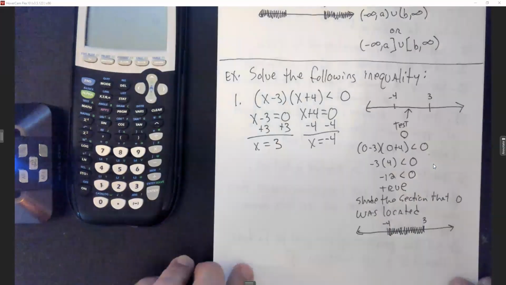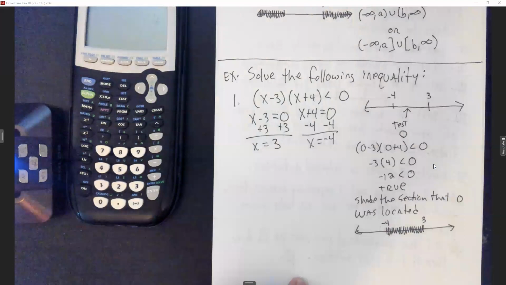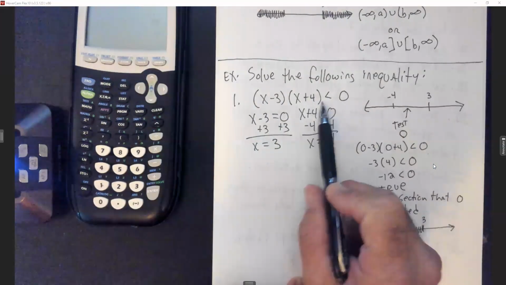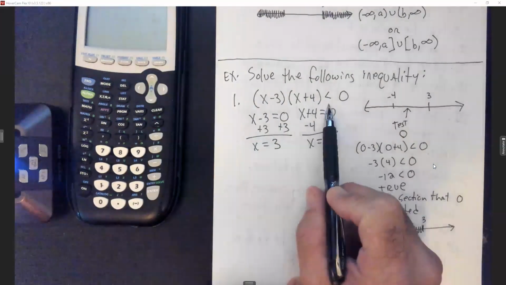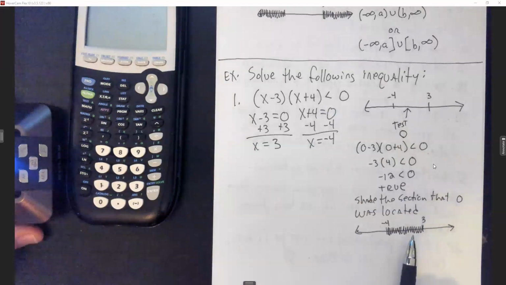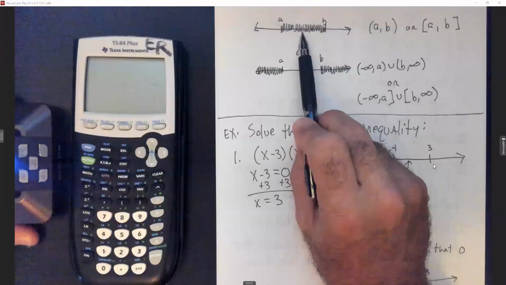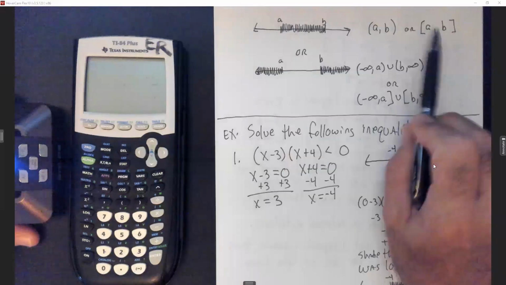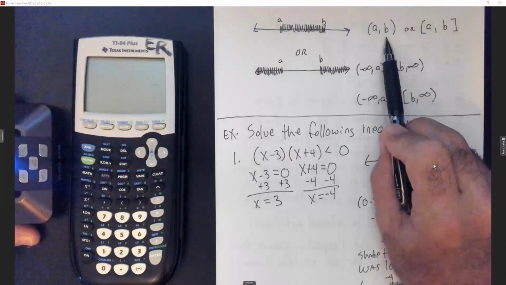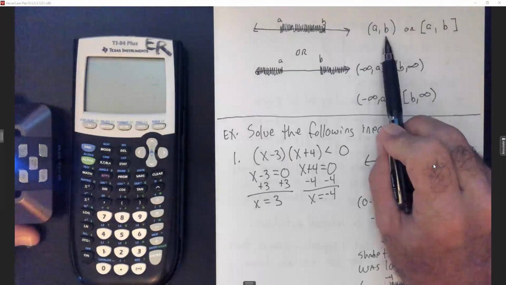Now all you got to do is write the answer in interval notation. Look up here, there's not an equals under that, so we got to use parentheses on that. And remember, up here, when we had that style, our answer is going to look like one of these two, right? Since we didn't have the equals under that, it's going to look like the parentheses.